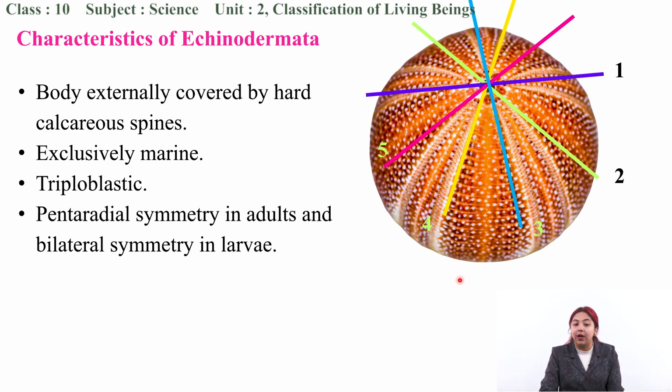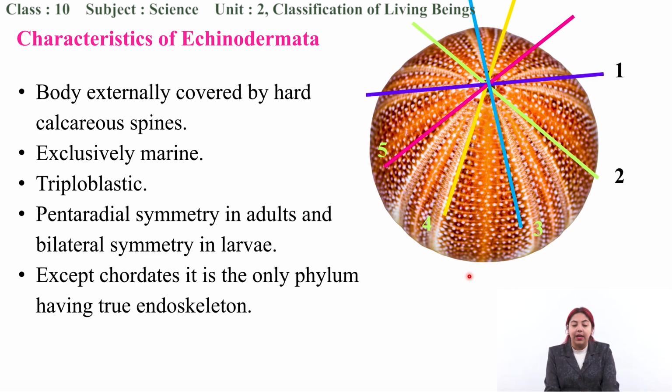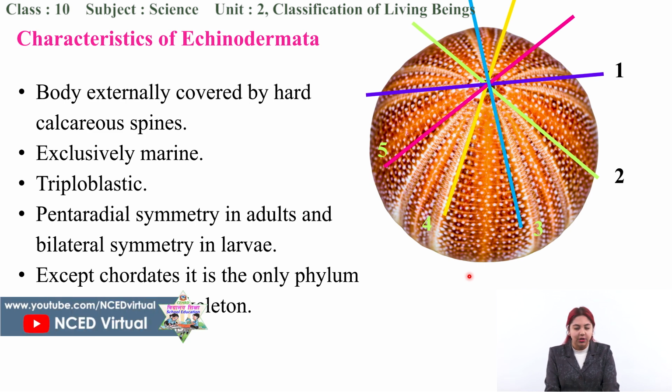The larvae of these same organisms have bilateral symmetry, so they can only be divided into 2 identical images through a single plane. Now, except for the chordates, this is the only phylum that has a true endoskeleton. What is an endoskeleton?